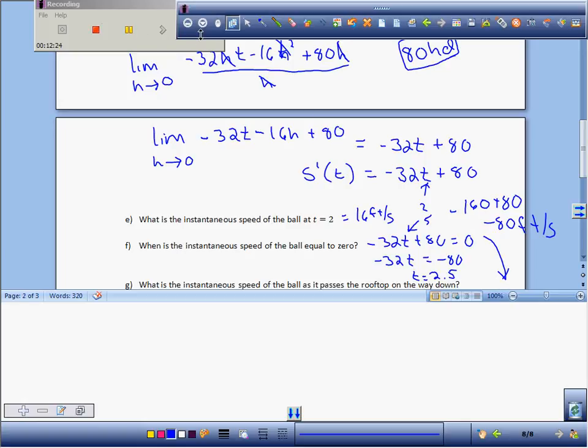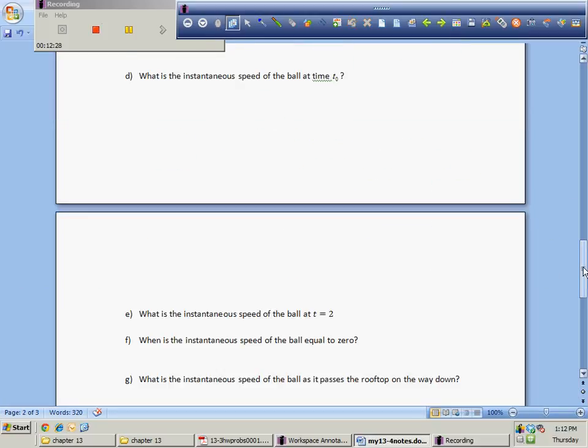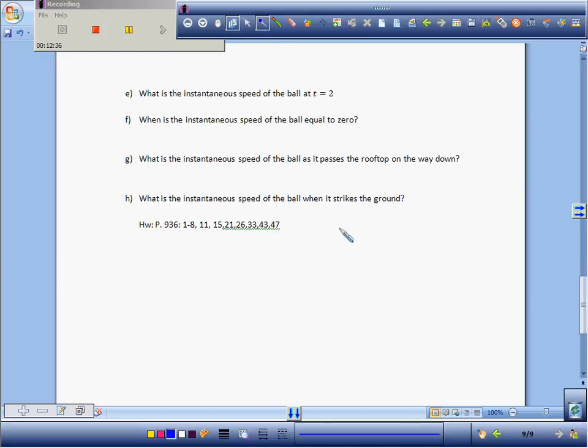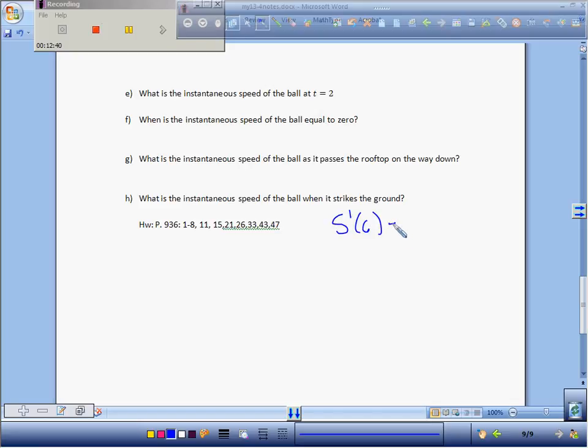And then it asks you the next question. I don't know how to navigate this page, but the next question asks you, what is the instantaneous rate of change when it hits the ground? So you're going to get s prime of 6, right? You plug in 6 into the equation. What was the equation again? Negative 32t plus 80.